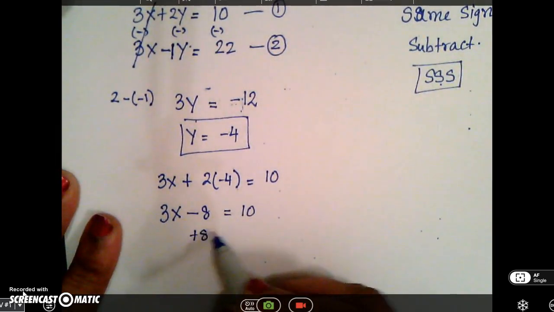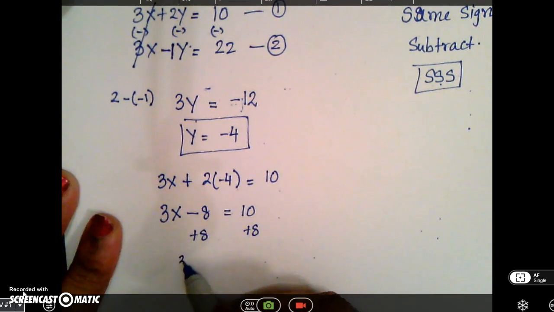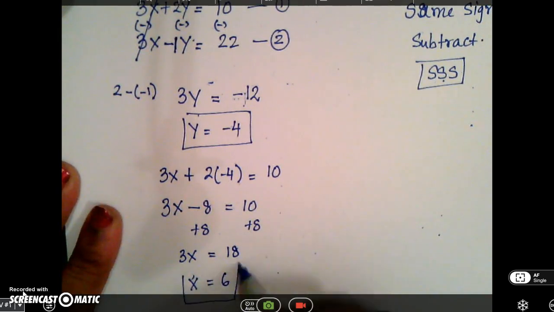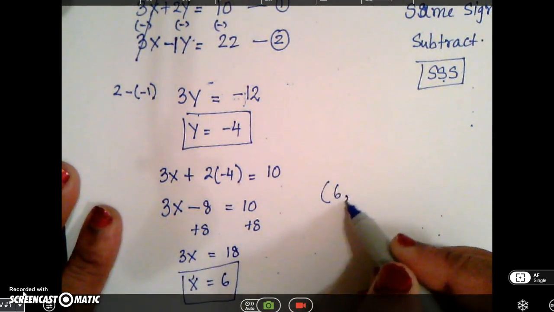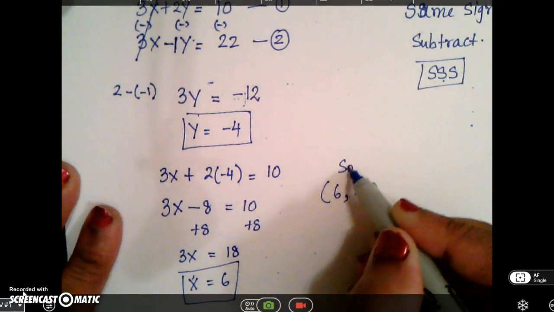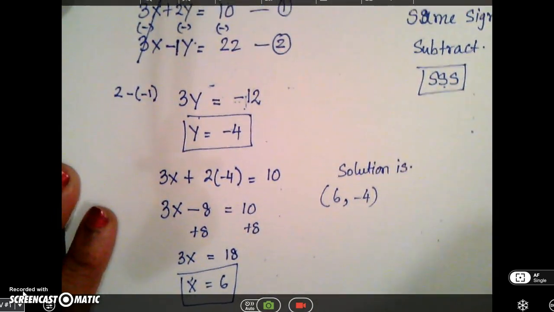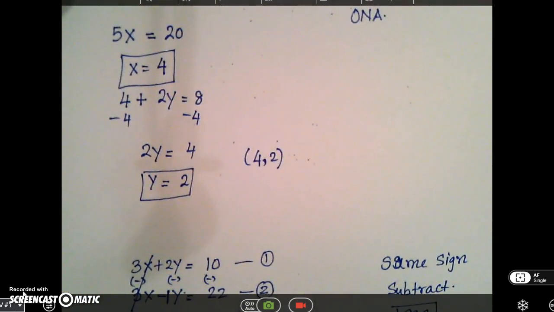So I'm going to solve this equation. So 3x is 18, or x equal to 6. So my solution is 6, negative 4. So that's elimination by addition and elimination by subtraction. That's lesson 9.3.